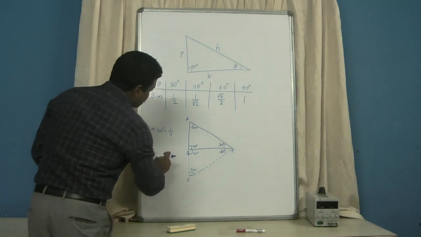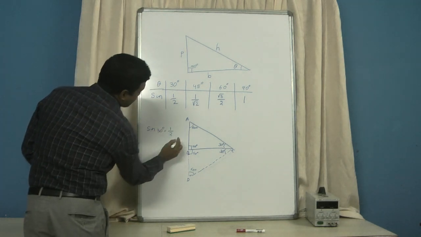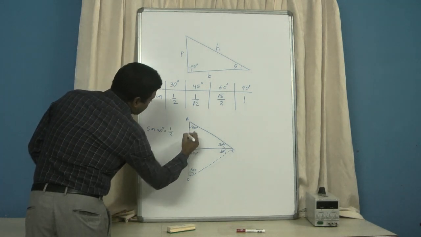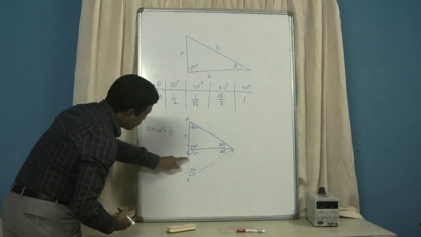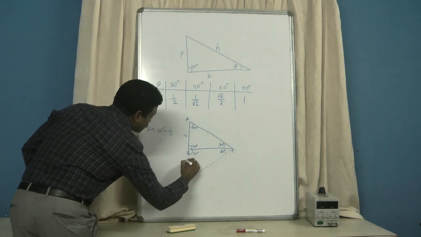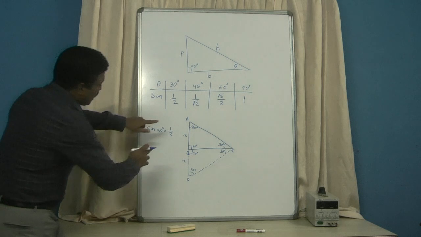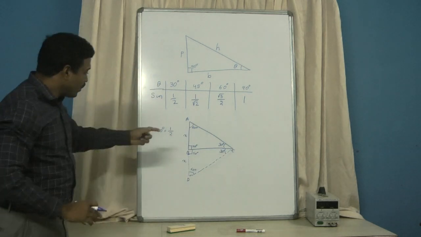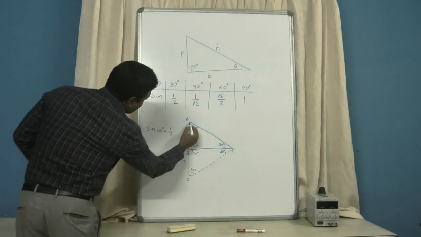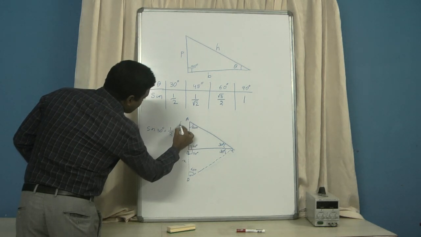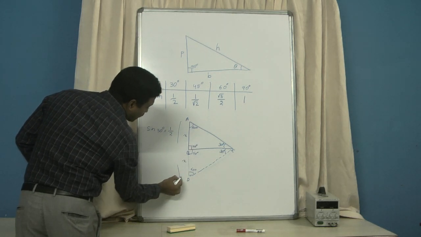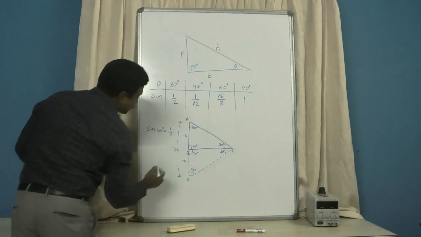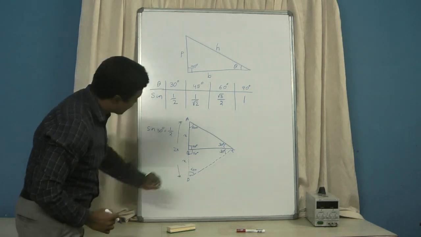Now let's consider this length to be x units. From here to here, this is also x units. And this bigger triangle A, C and D is an equilateral triangle. So the length from here to here is 2x, because this portion is x and this portion is x.